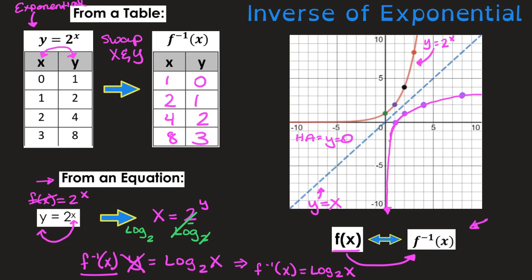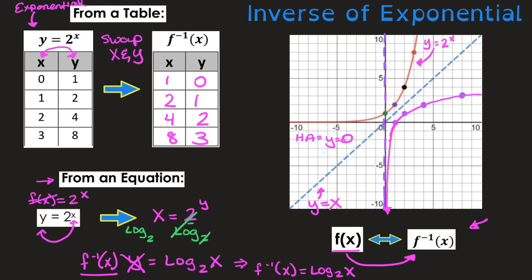So on exponential, we had a horizontal asymptote. Now we have a vertical asymptote. And for the parent function, you can tell that the vertical asymptote would run along this y-axis. So now you can kind of see the reflection.